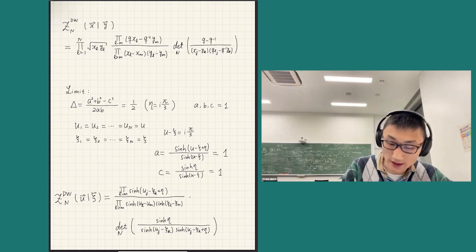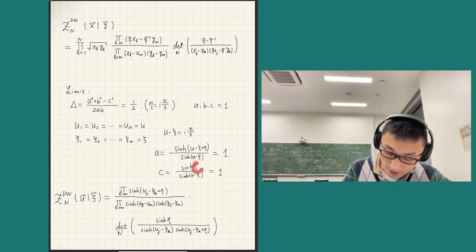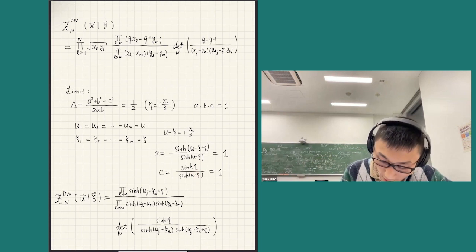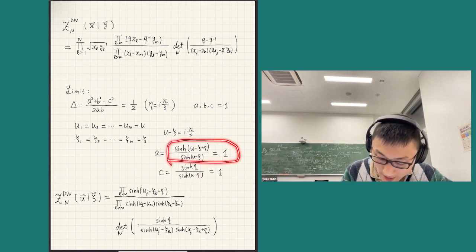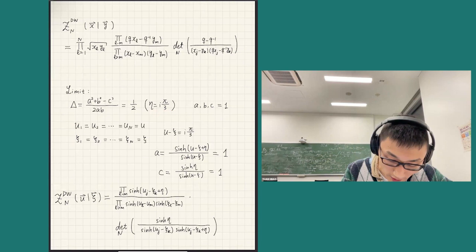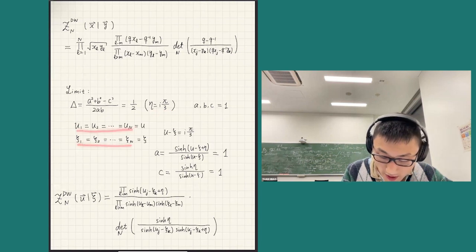So first we realize that u minus psi should be eta plus or minus 2i pi over 3, and moreover you also want to satisfy this. So in the end you are left with the only option, which is eta equals i pi over 3. And in the meantime, all these u and xi's are homogeneous, and the difference between them is i pi over 3.